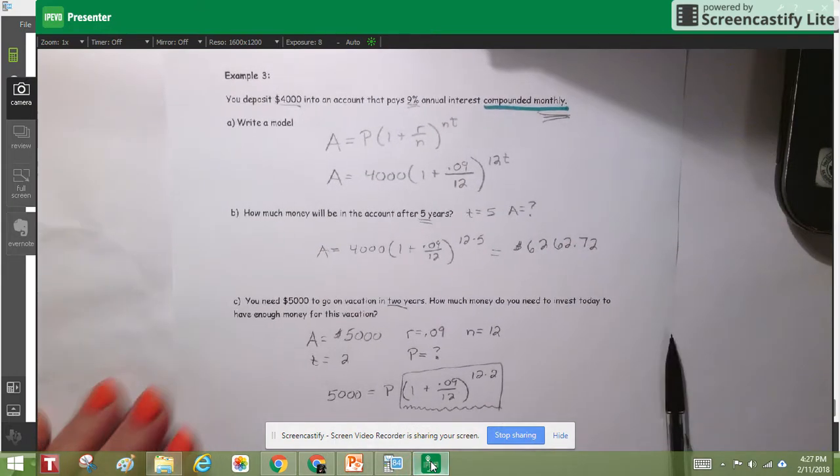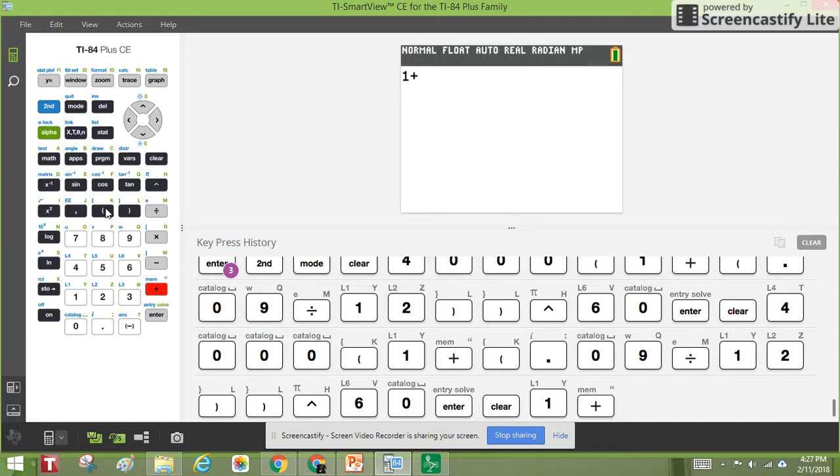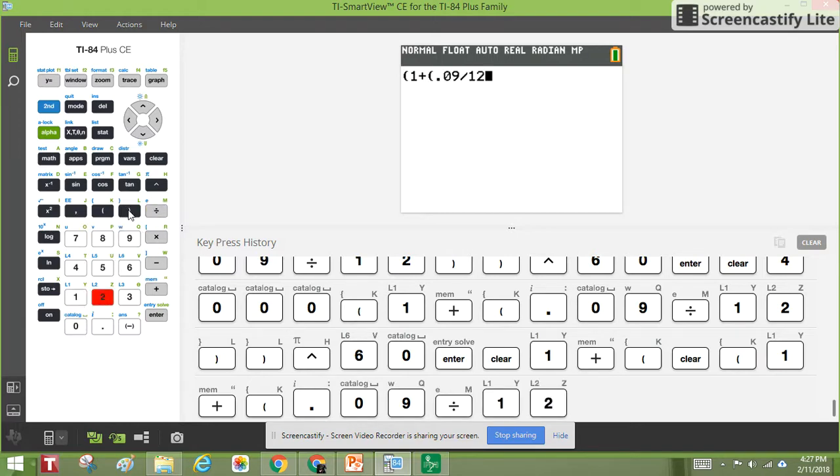So let's go ahead and get a number for that in our calculator. So I have 1 plus, I have to put parentheses around the whole thing. 1 plus 0.09 divided by 12. And I need to raise that all to the 24, 12 times 2.